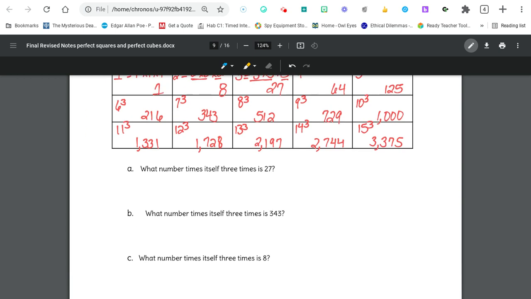Okay, before I go to A, B, and C, let's talk about inverses. Inverses are operations that undo each other, and you learned some. Some of these you learn in elementary school, like addition undoes subtraction, or it's the opposite of subtraction.